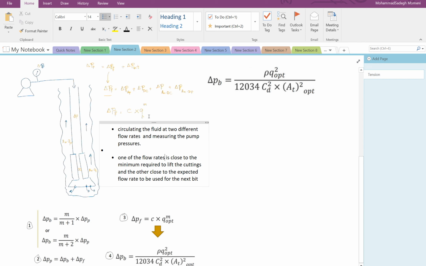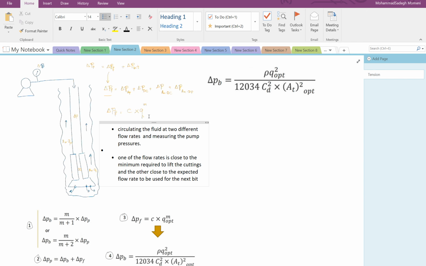Usually, these two different flow rates are: one close to the minimum required to lift the cuttings, and the other close to the expected flow rate to be used for the next bit run.